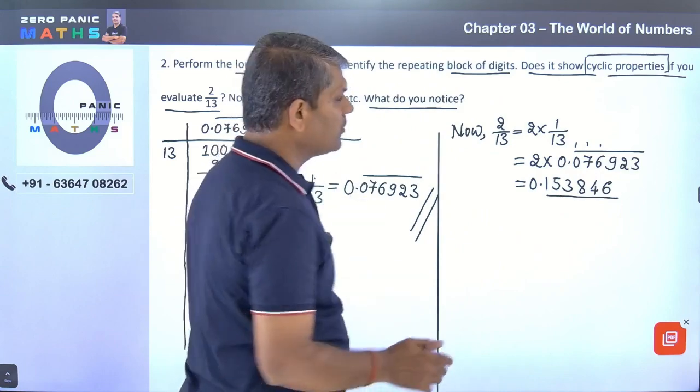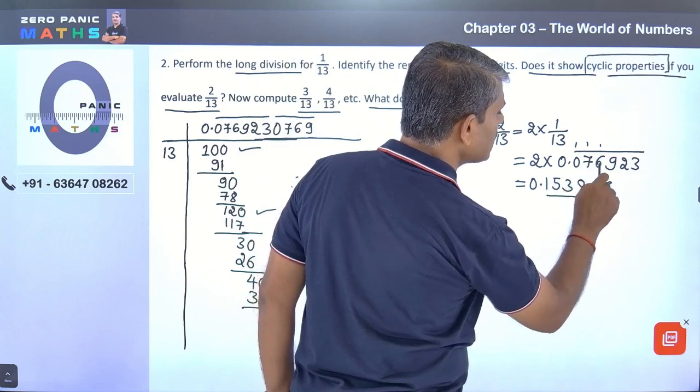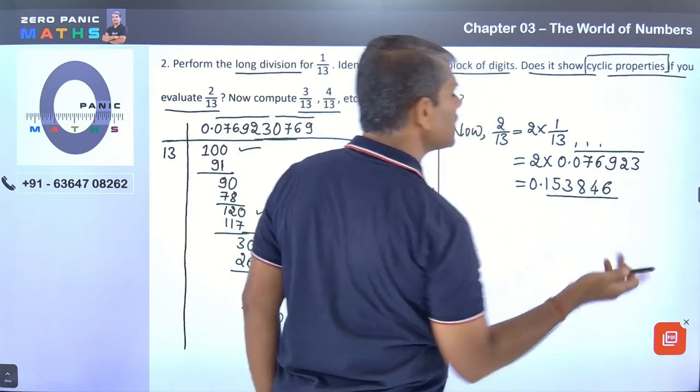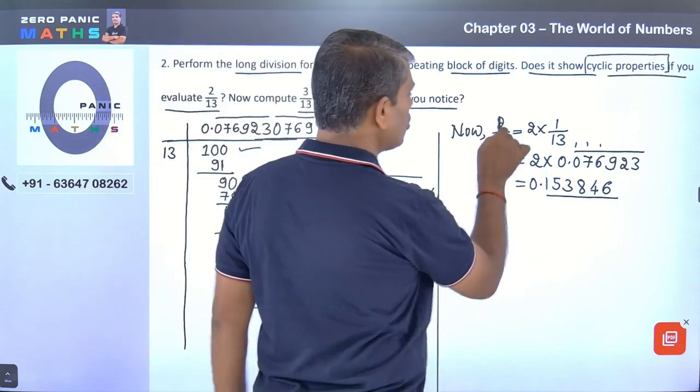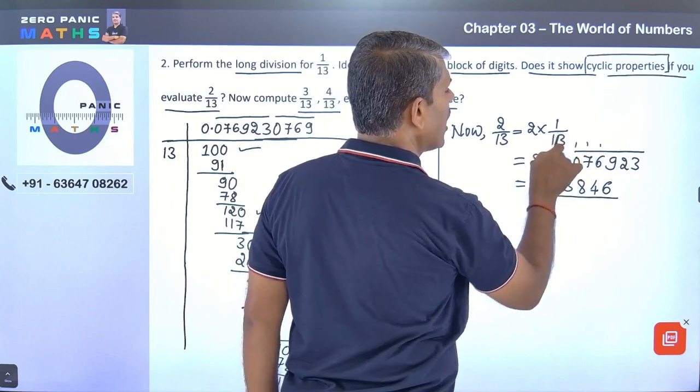No, you see that these are totally different digits. 0.076923, and this is a different 153846, some different numbers you are getting. So this 2 by 13 does not possess a cyclic property with 1 by 13.